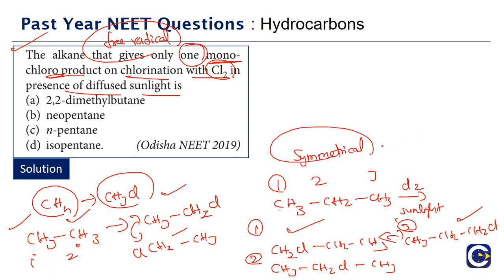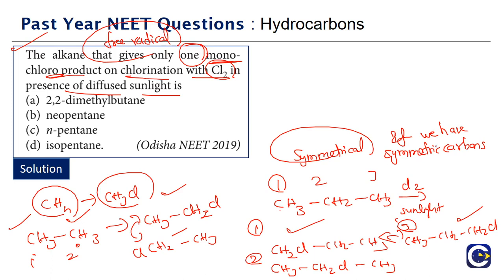So the basic idea is, if we have symmetric carbons, we can also call them identical carbons. If you have symmetric carbons, then the monochlorination is not going to give us different products here. It is going to give us the same product. In both the cases, we are going to get the same product.